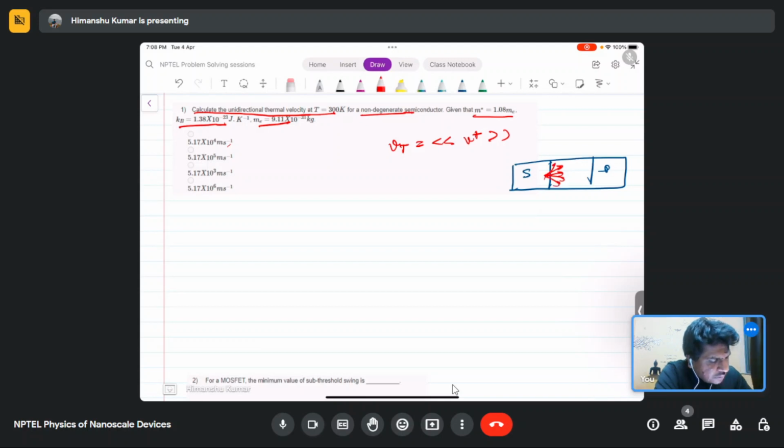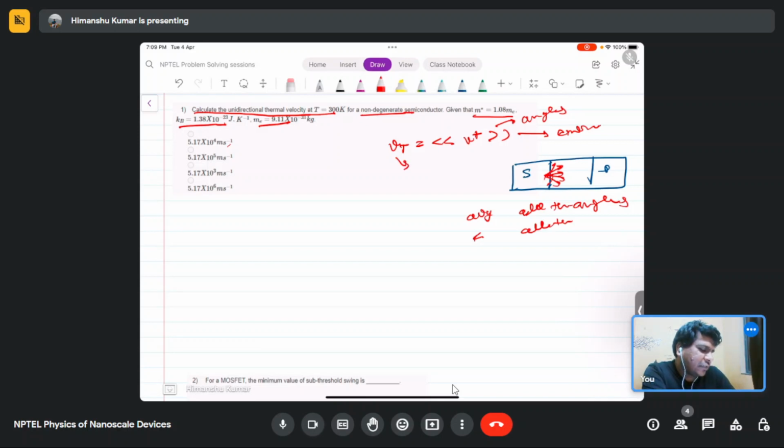So if we take the average over all the angles and all the energies, one average is for angles and one average is for all the energies, then we will find this unidirectional thermal velocity, and that comes into our transport equation.